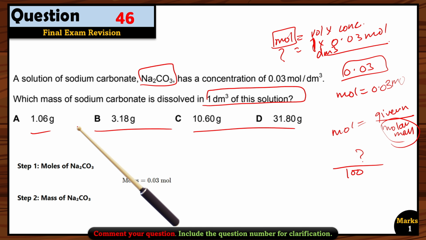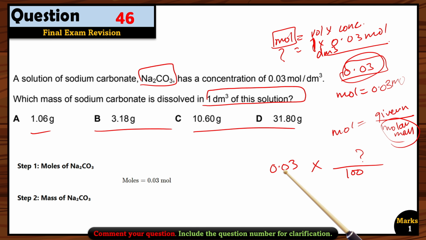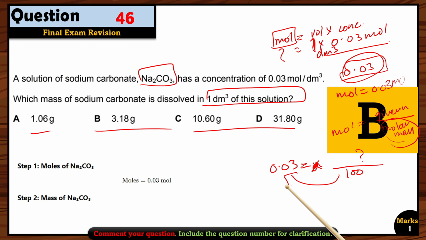But moles you have already calculated, that is 0.03. So it will just come over here, and then you can easily calculate your answer. So 0.03, when you multiply with 100, you will get which answer? Option B, 3.18 gram. So 3.18 gram will be your answer.